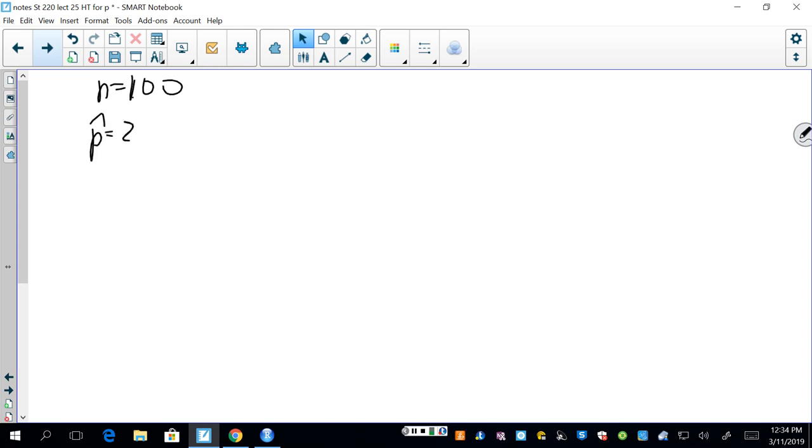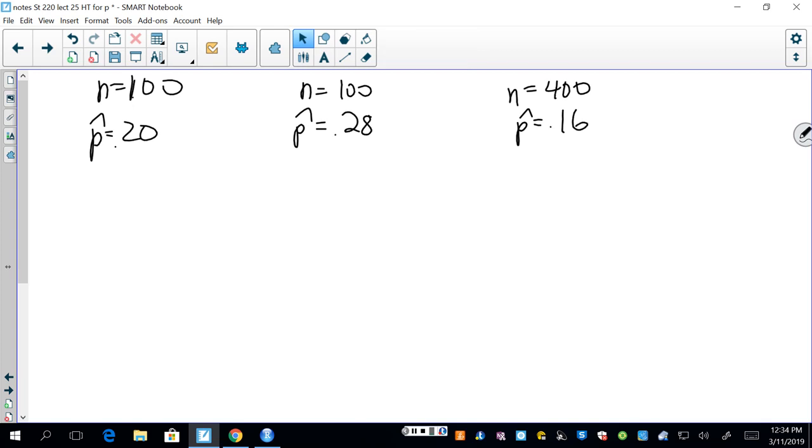P hat is 0.2, n equals 100. A different one, P hat equals 0.28. Or n equals, say, 400, P hat equals 0.16. In these cases, what would happen to our null hypothesis?